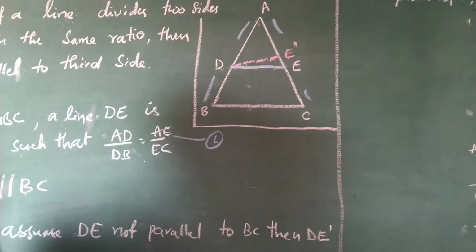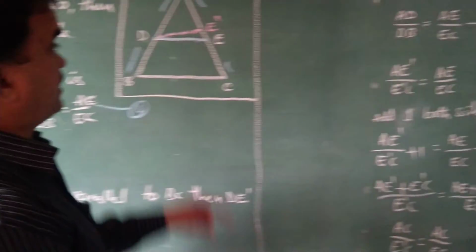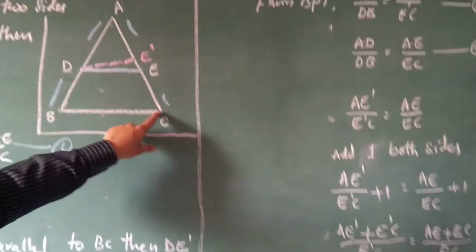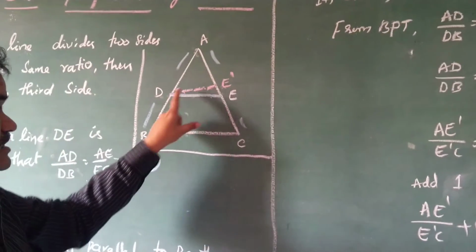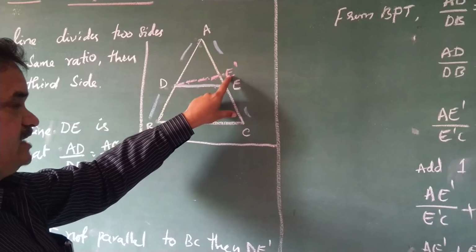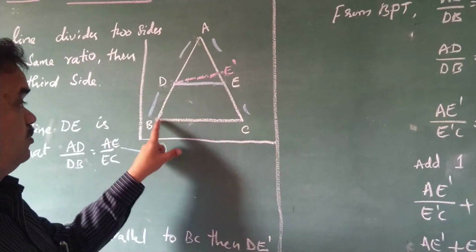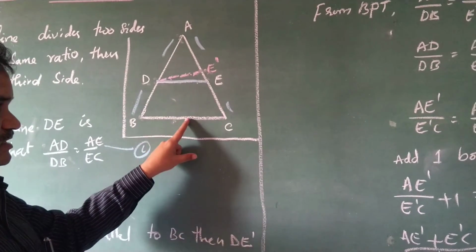You assume DE dash is parallel to BC. Then in triangle ABC, according to our construction, DE dash is parallel to BC.